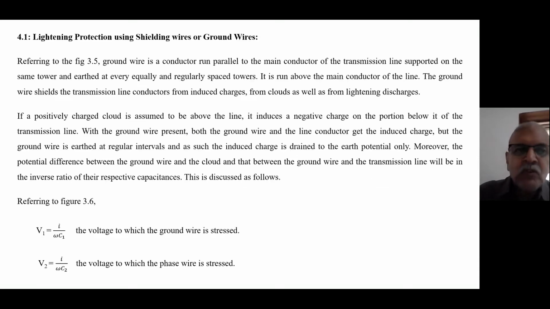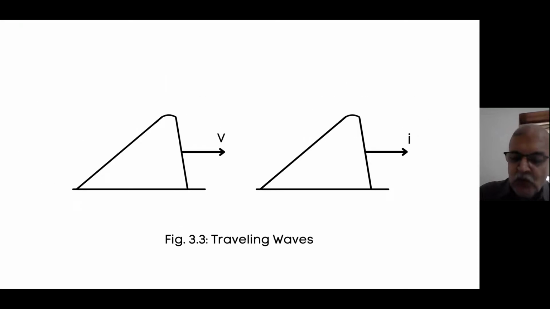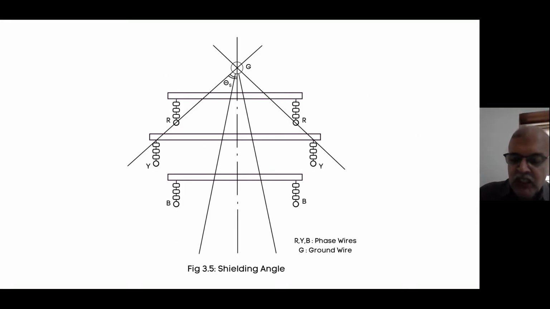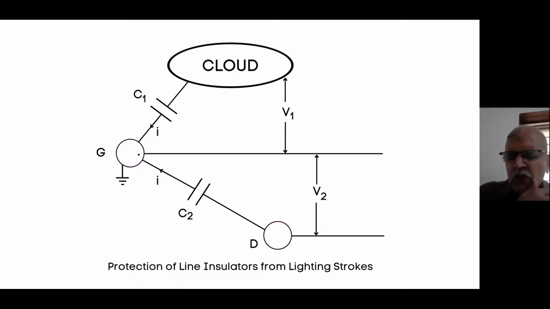This was what we were telling. So this is how the line insulators are protected against lightning strokes that fall in the monsoon season.